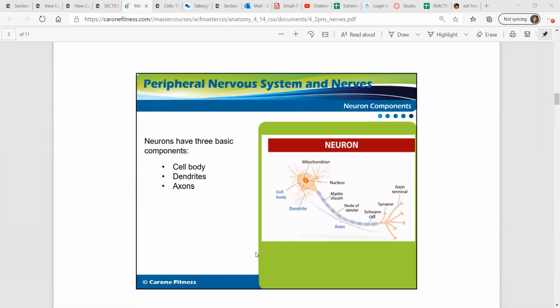But we can say they have three basic components. The cell body up here, dendrites, the ones that stick out here, and then the axon here. Cell body, dendrites, and the axon.